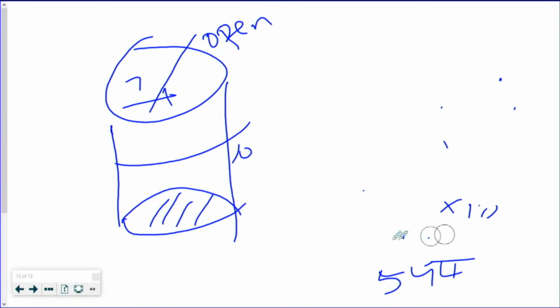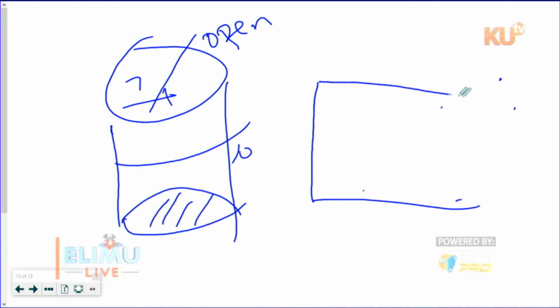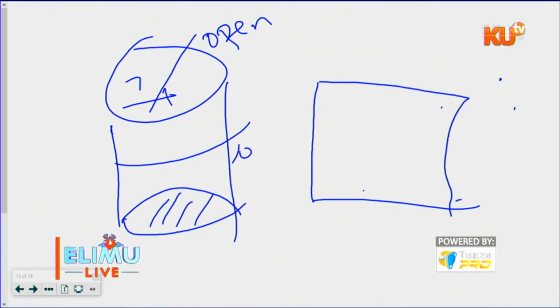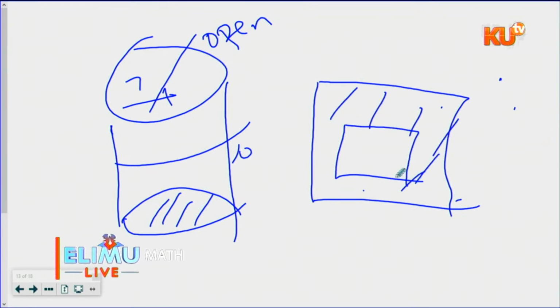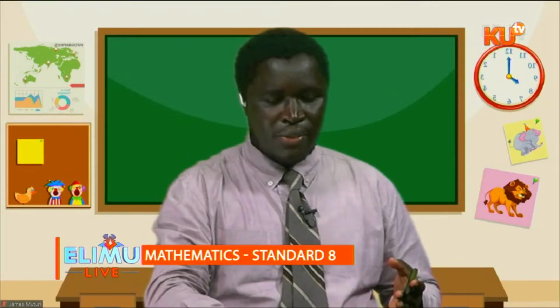Let me give you one example so that you can be clear, Abigail. Maybe this part is shaded. That shaded part is what we call a border. So we'll talk about area of border differently from surface area.